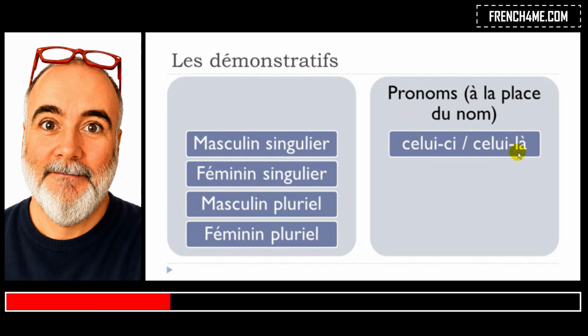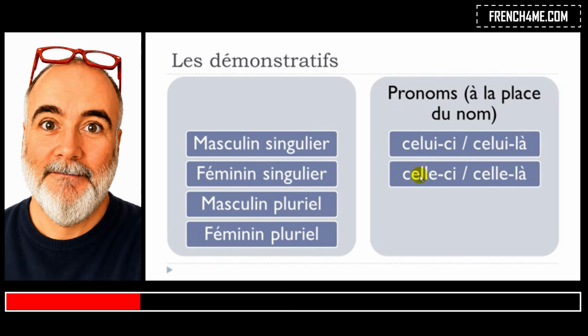So you don't want to repeat the name or the thing that was previously stated, so you use this one, okay? In English, it's easier. In French, it's a bit more tricky, because we will have this celui, okay? And then ci and là, so you'll see that normally ci is coming first and then là is coming next, okay? Celui-ci, celui-là, this one, all right?